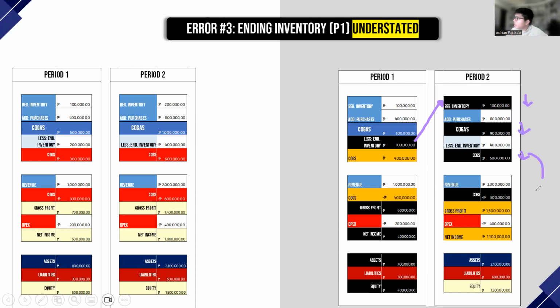Because your COGS is understated, tataas yung gross profit, tataas yung net income, and therefore, overstated pa rin si equity, hindi na siya overstated because nag-self-correct.